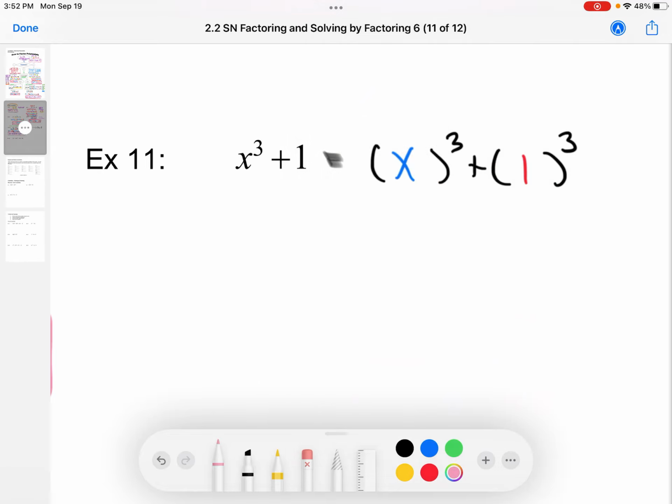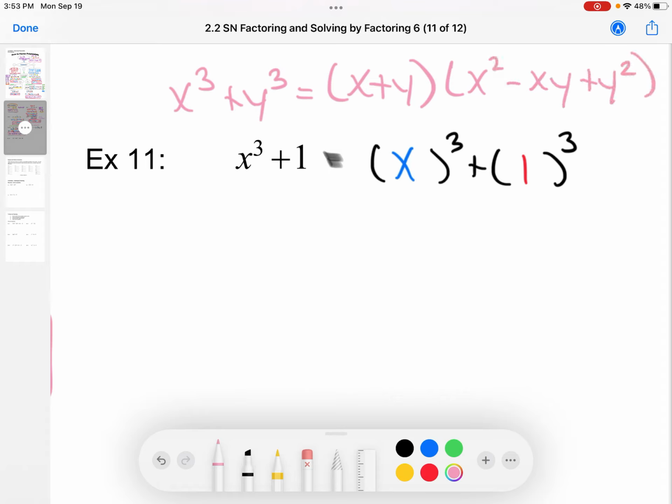Now, that factoring rule, that previous page again, says that x cubed plus y cubed equals, parentheses, x plus y, then new parentheses, x squared minus xy plus y squared. That's just the factoring formula from the previous page.